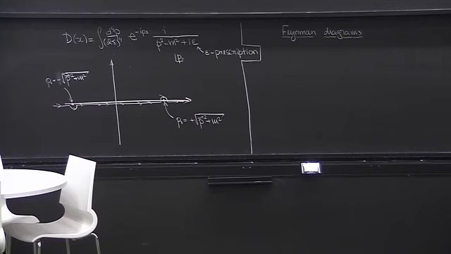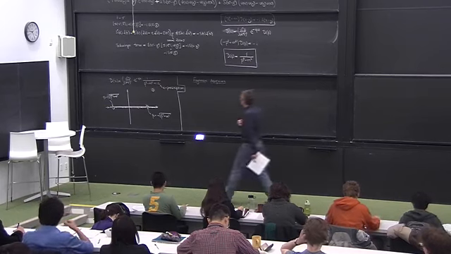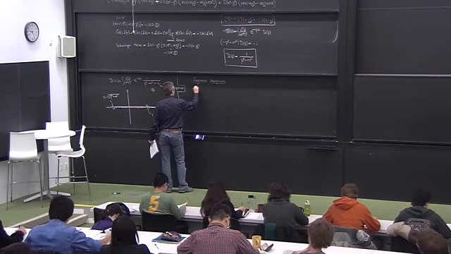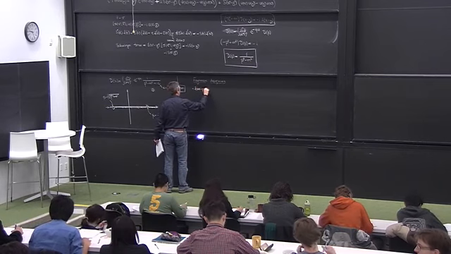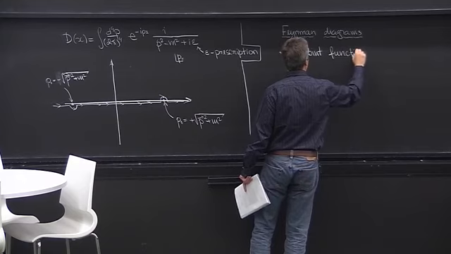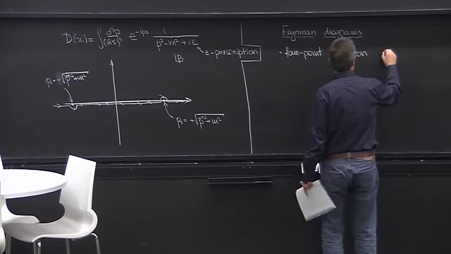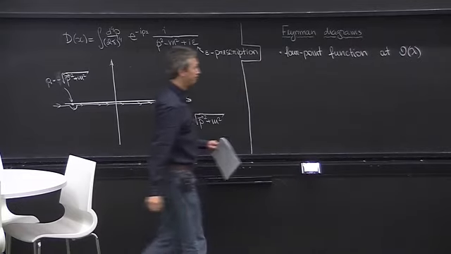Now let's switch on interactions and compute the first correction to that. So let's compute the 4-point function at order lambda to the 1.